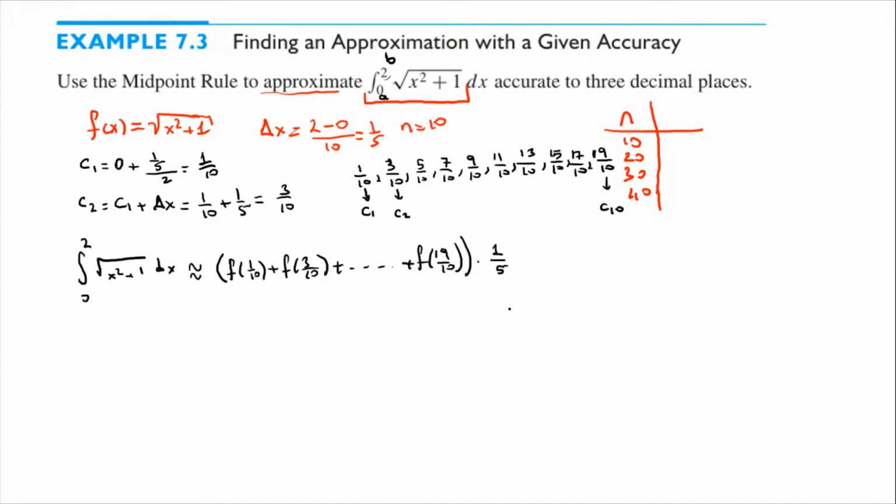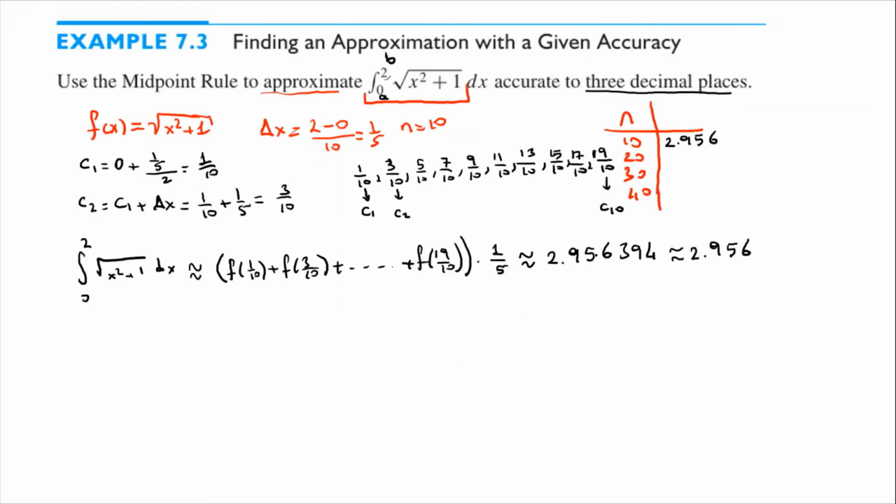Is that correct? Yes. Then we get the approximated answer. You can use your calculator and you'll get 2.956394. It says accurate to 3 decimal places, so we're going to write 2.956.